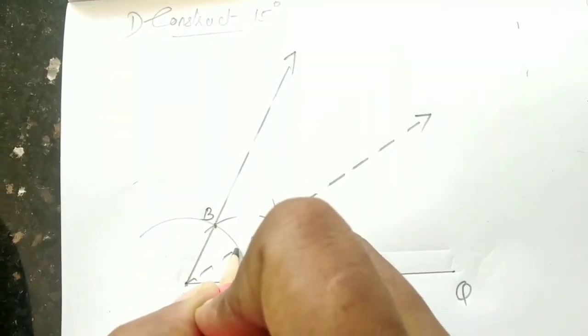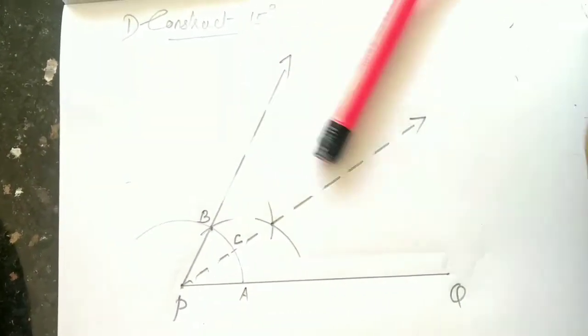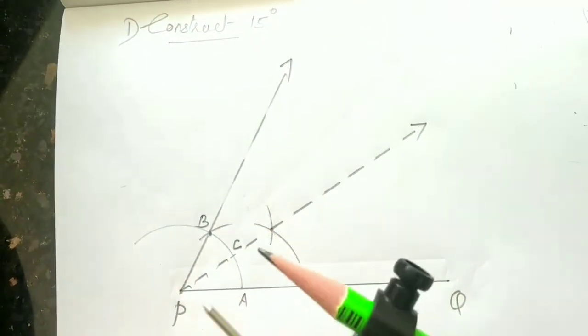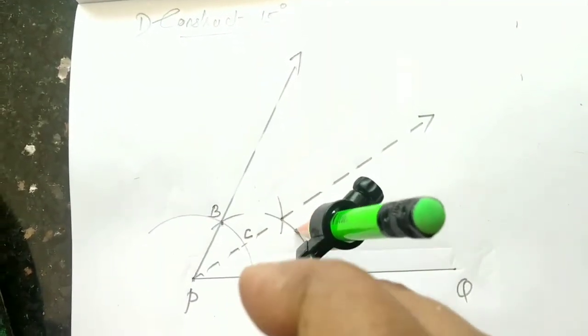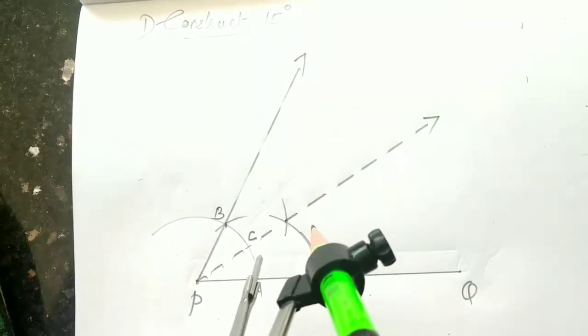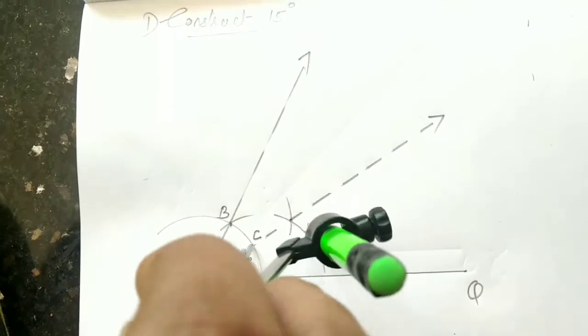And this point is C. Then draw the bisector of this AC. That is, put the tip of the compass at A, draw an arc like this, and at C, cut the arc like this. Okay.